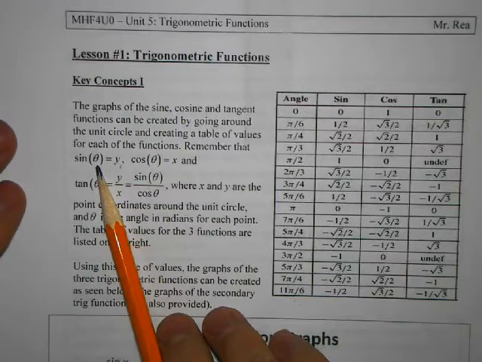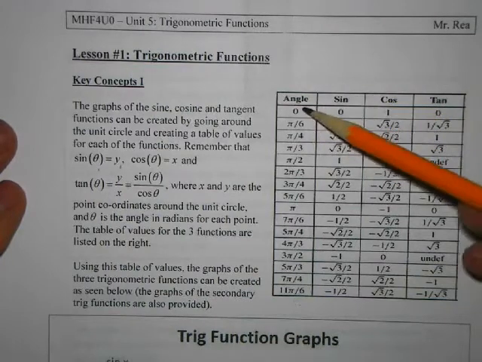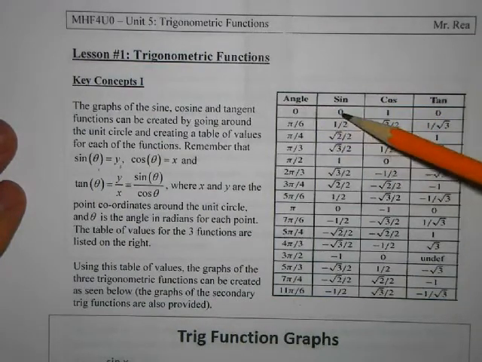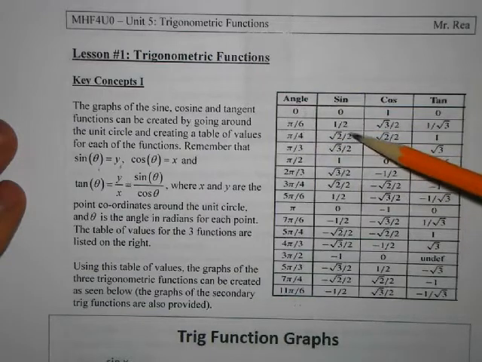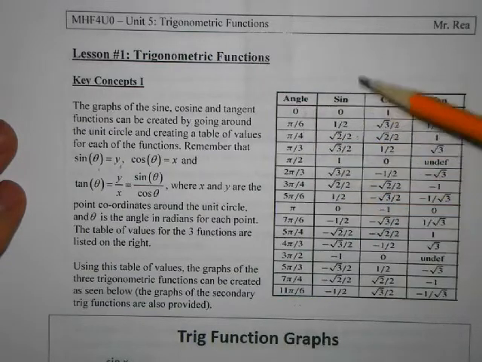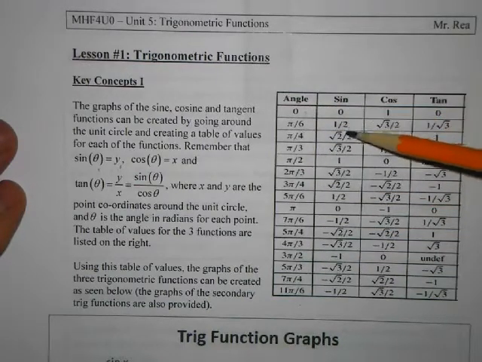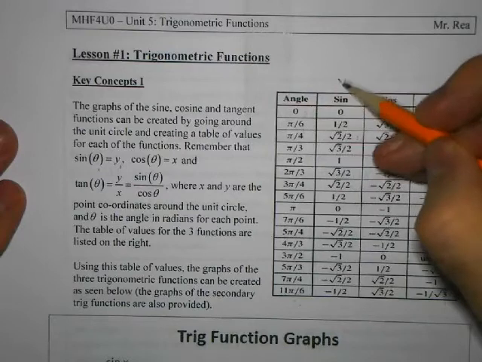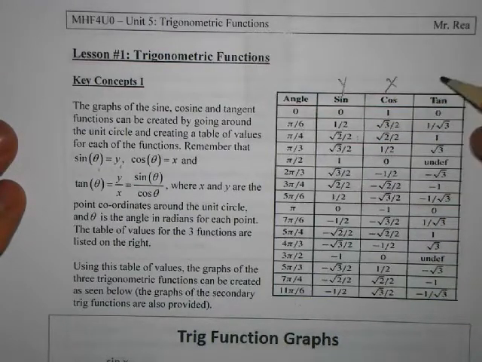So for example, the sine of 0 radians is 0. The sine of pi by 6 is 1/2. The sine of pi by 4 is √2/2, etc. So taking this angle and going around the unit circle, first looking at the y coordinates. I'll just remind you that's the y coordinate. Cosine is the x coordinate, and then tan is the ratio of y over x.